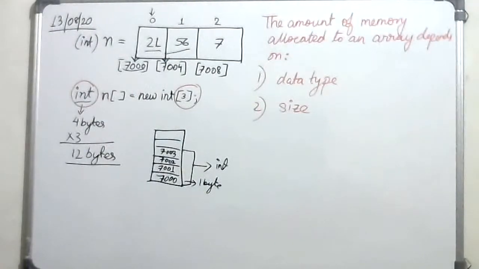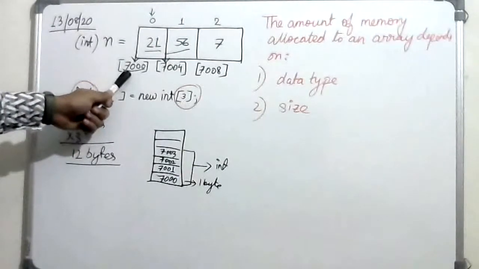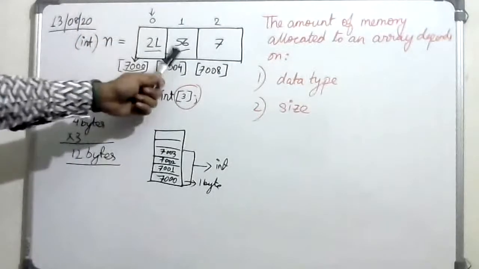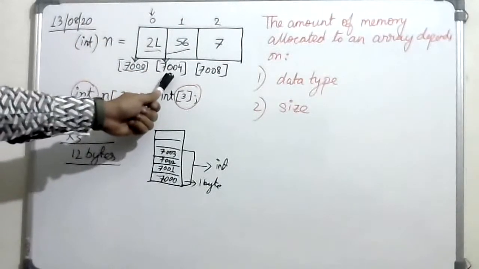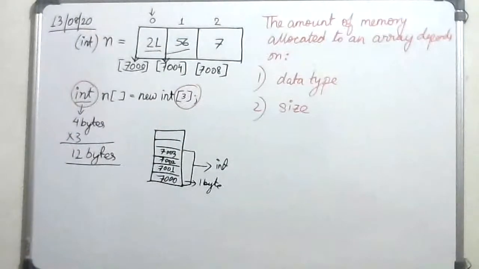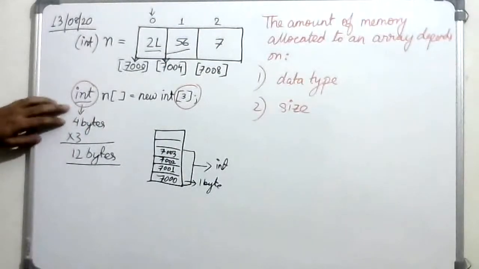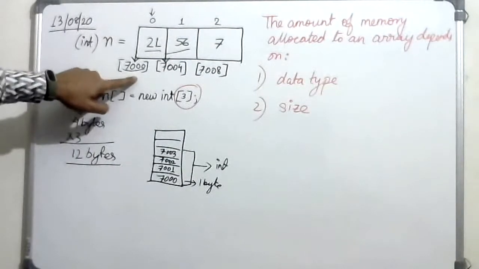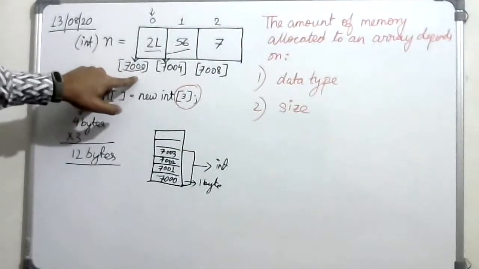So these are just the starting addresses of each element in the array. The first element starts at location 7000. The second element starts at location 7004. The third element starts at location 7008. I hope it's clear. It's pretty easy. Once you know the size of the data type, you just add it to the starting address, you get the next address.